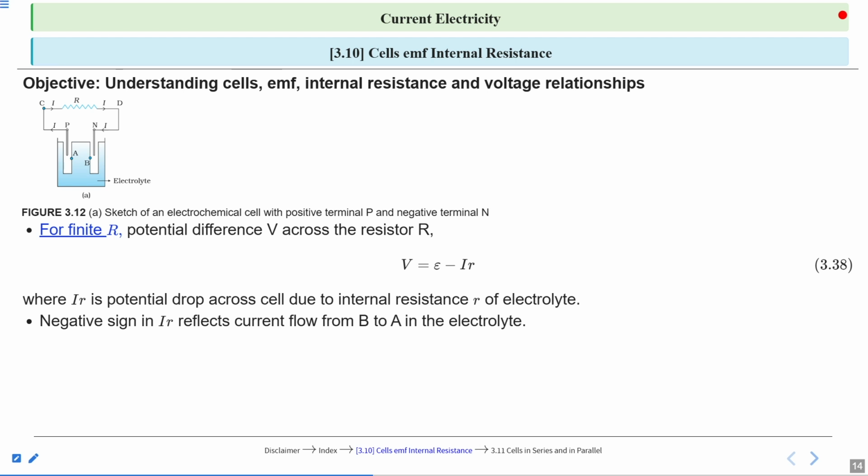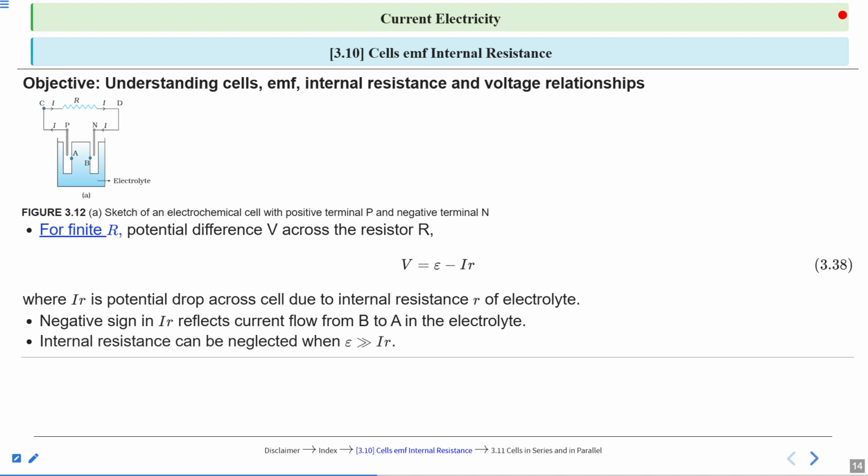But inside the cell, current flows from the negative terminal to the positive terminal, from point B to A. So the direction of current inside the cell is opposite to the direction of current outside the cell. That's why we take the negative sign. The negative sign in Ir reflects current flow from B to A in the electrolyte.